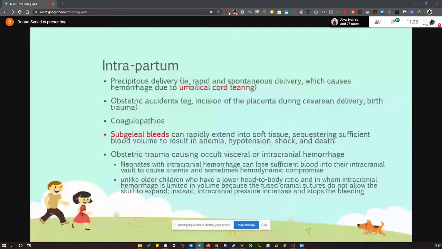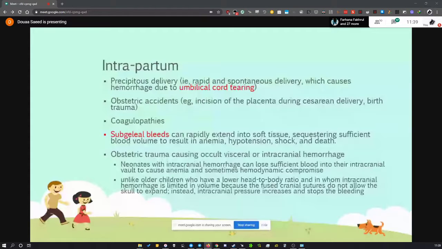Instead, there will be a buildup of intracranial pressure, and that may be able to stop the bleeding if it's so massive, and then they will show signs of increased intracranial pressure. While in neonates, because sutures are not fused, there will be fewer signs of increased intracranial pressure because there can be expansion into that intracranial space.